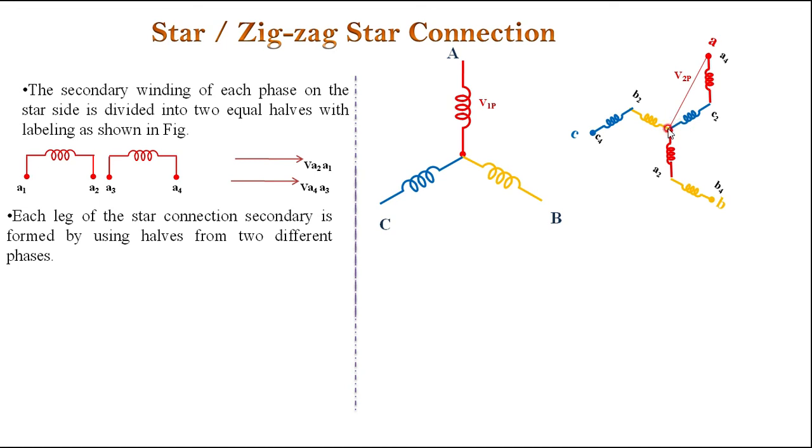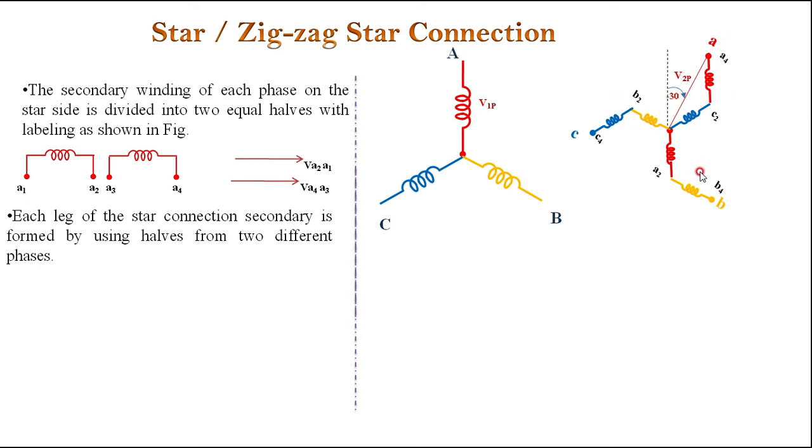Then if you look with respect to the neutral point, the phase voltage of the A phase is acting vertically upwards, whereas the phase voltage in the secondary of the star zigzag connection is shifted from the zero neutral point by 30 degrees in the clockwise direction, that is lagging in nature. It means that if we connect the secondary in the zigzag star connection, there is a possibility of a phase shift of either plus 30 degrees or minus 30 degrees.